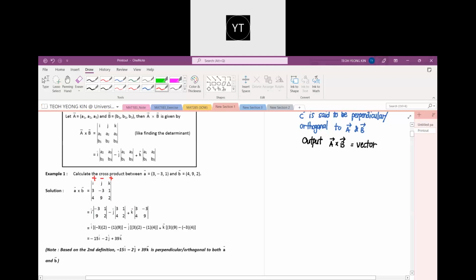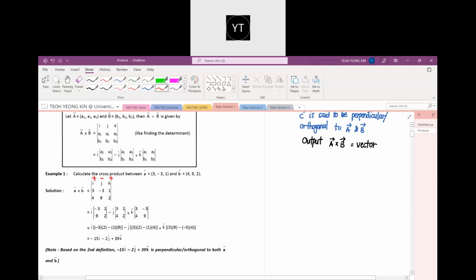So here is the value. For j, close the first row and the second column. So we have 3, 1, 4, and 2. Finally, for k, we close the first row and the third column. So what we have here is 3, negative 3, 4, and 9. So here is the value.